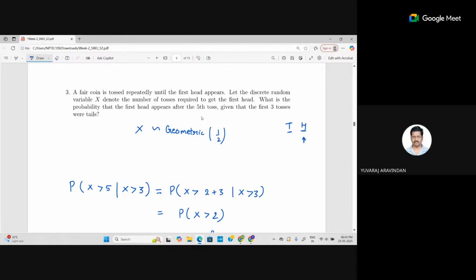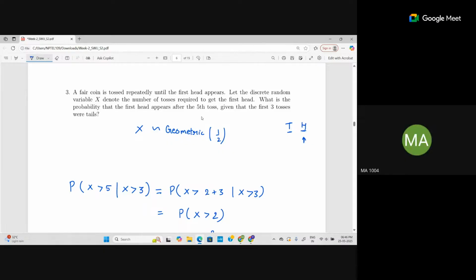No, what I'm saying is, here it is given as a fifth toss, and then the third toss, right? These three are the things given. Let the first one be fifth toss. The second one, if instead of 3 tosses being tails, it is 3 heads, then how can we frame that in this?